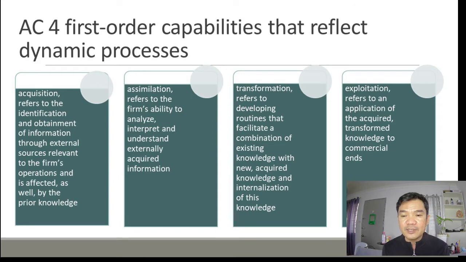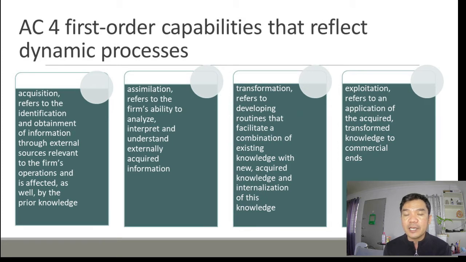This was not really illustrated in the definition, but we know that an organization still needs to develop routines, looking at specific aspects of the organization that can be acquired.